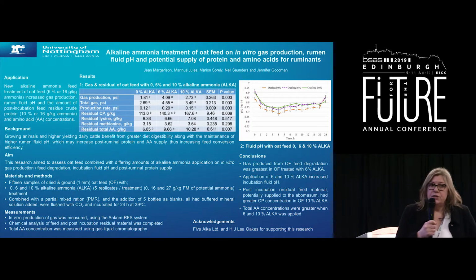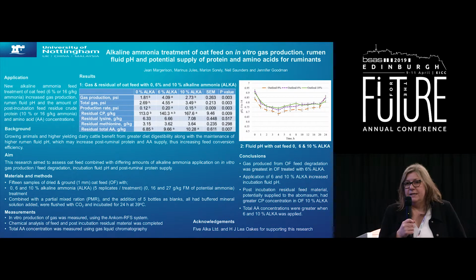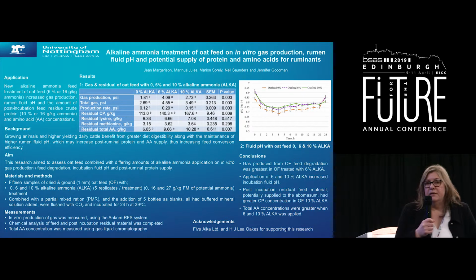In terms of residual material, again, coming out of the rumen and looking at what's being supplied in terms of feed to the abomasum or simple stomach, then we are seeing a higher crude protein concentration being produced at 10% alkaline application, and a slightly higher at 6%, but not significantly higher than the control treatment.